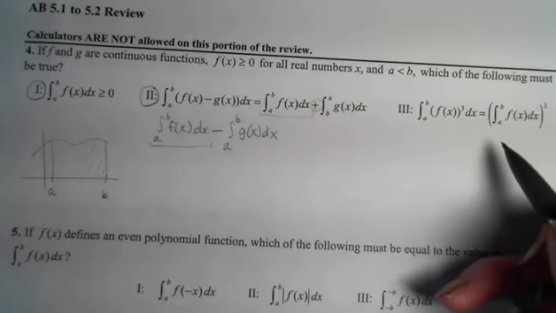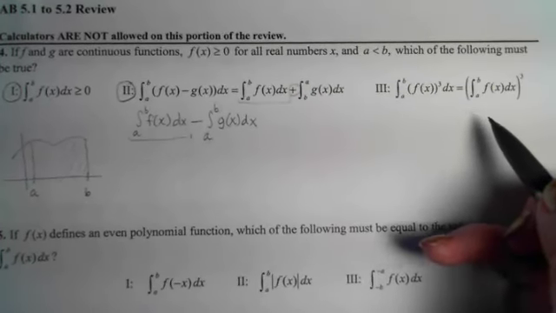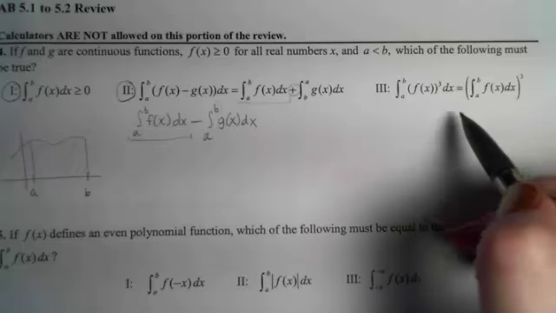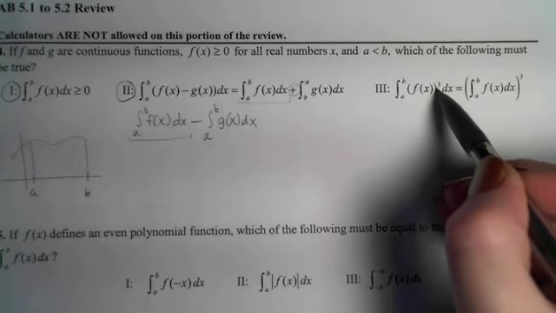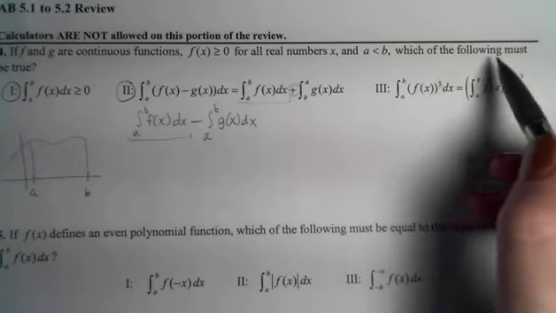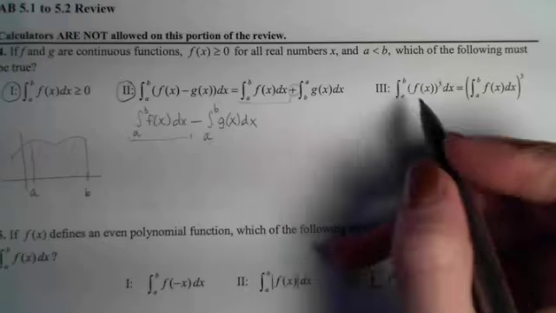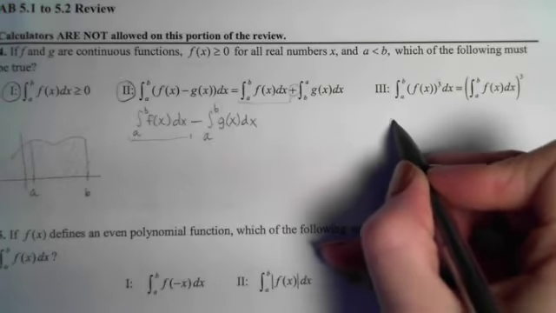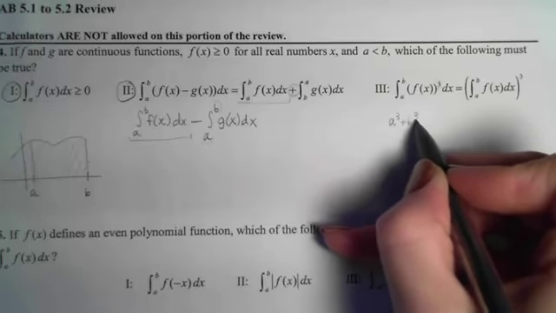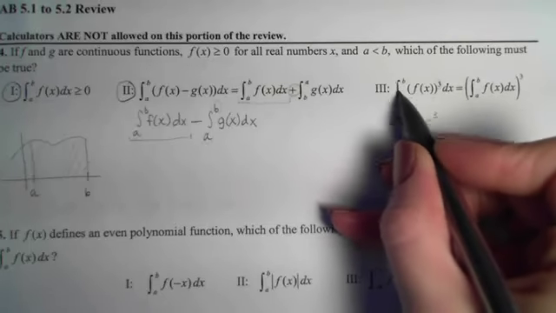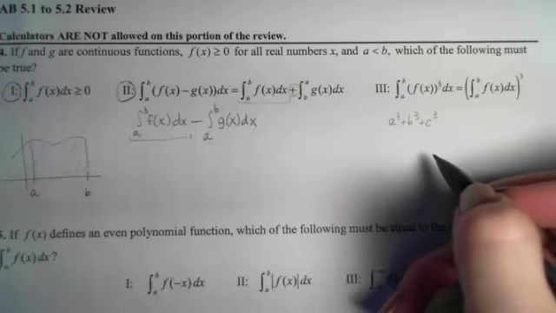The third one, if we look at it, seems to indicate that this power can be pulled out of the integral. And in this case, this is like saying, let me add a bunch of cubes. Remember, we're summing up a bunch of things that are being cubed.